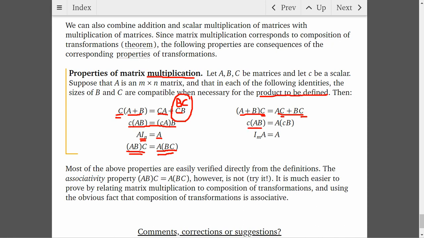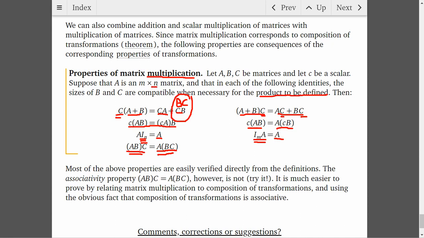Again, scalar products behave very well, and it doesn't matter whether I multiply by the identity on the left or the right, it will always result in the same matrix that I started with. What's different here is this is I sub m, and this one over here was I sub n. And why is that? Well, if I'm multiplying on the right, the identity matrix that I need to use has to have the same number of rows as A has columns, right?